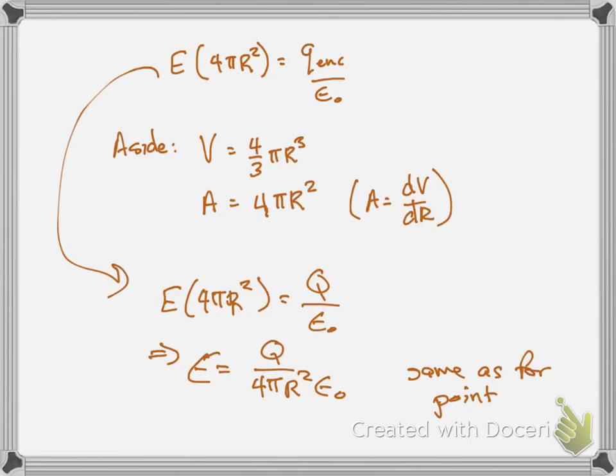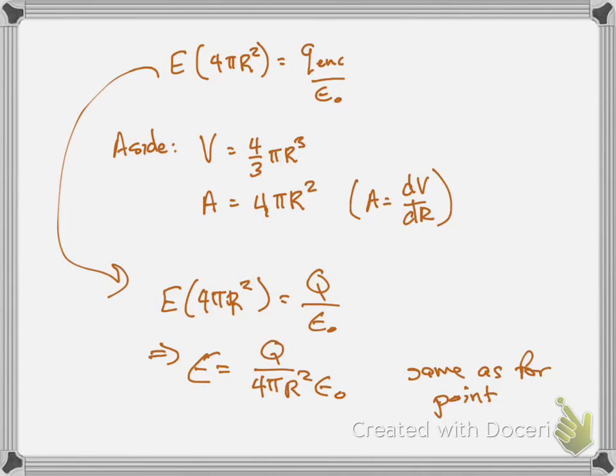Remember, the given quantities were rho and R, so the answer needs to be in terms of constants, rho and R. So therefore, E equals, oh dear, I did make an error here. Really important to note that we are talking about two different spheres. We're talking about the sphere of charge that has radius big R, and the Gaussian sphere, which has radius little r.